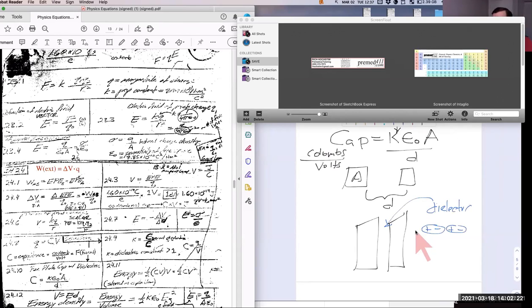And when it forms a dipole, it's going to increase the capacitance. So this is a constant here, which shows us by how much we can increase the capacitance if we use a dielectric. And it's called the dielectric constant. And the reason why it works the way it does is the dielectrics lower the energy of this parallel plate capacitor, and that allows it to store more charge.